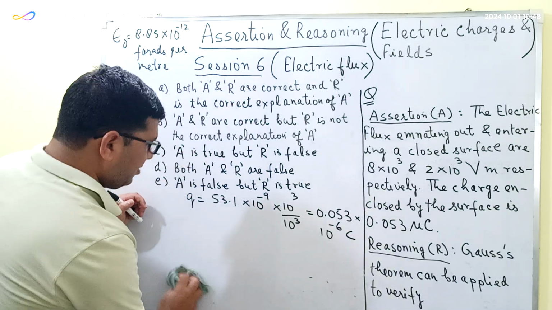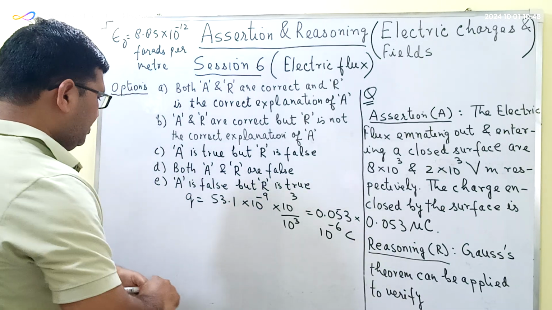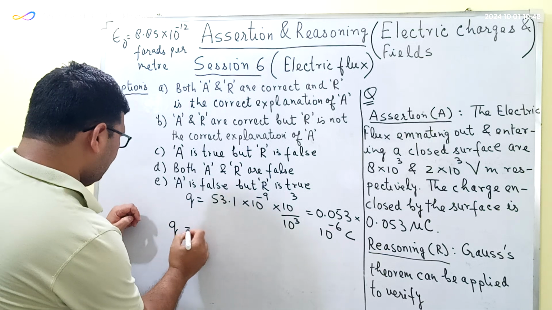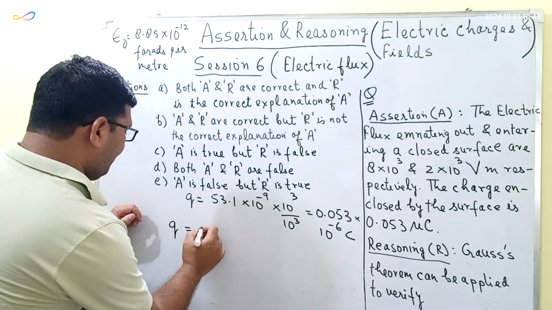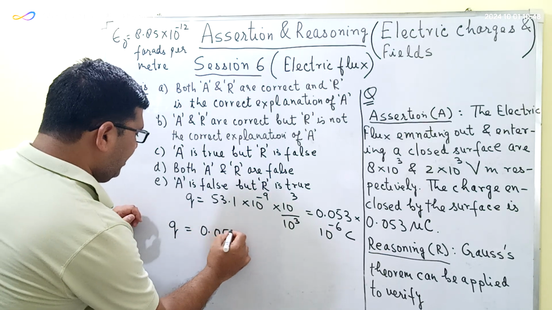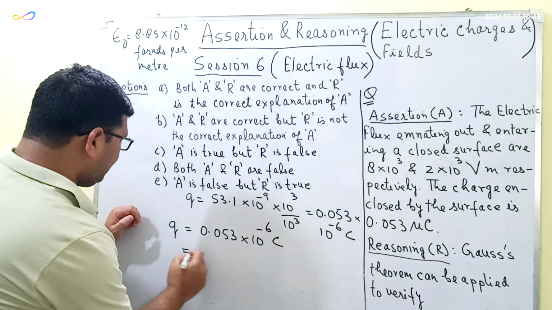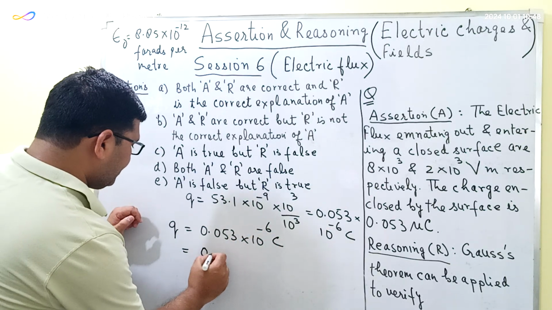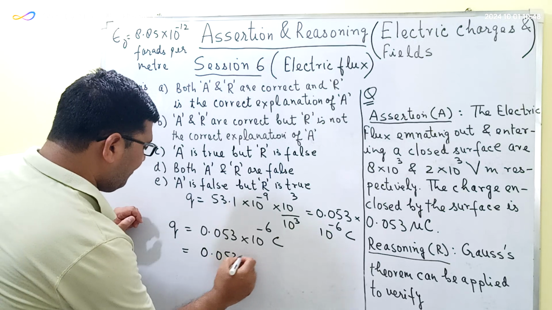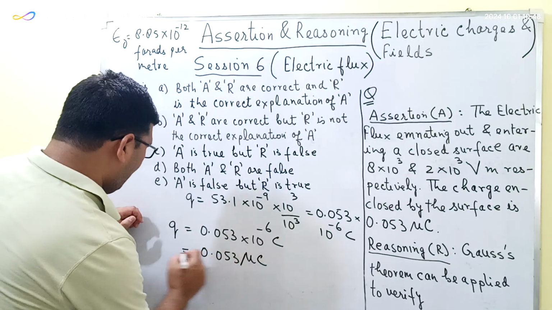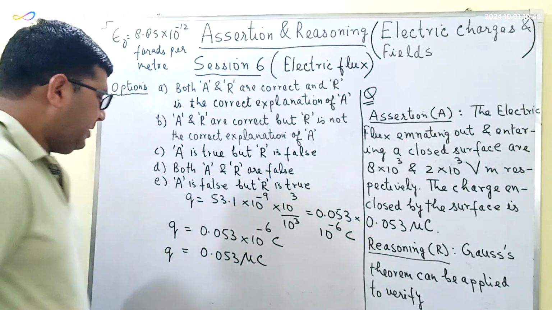So the charge enclosed by this closed surface is equal to 0.053 into 10 to the power minus 6 coulomb, or this can be written as 0.053 microcoulomb. Okay?